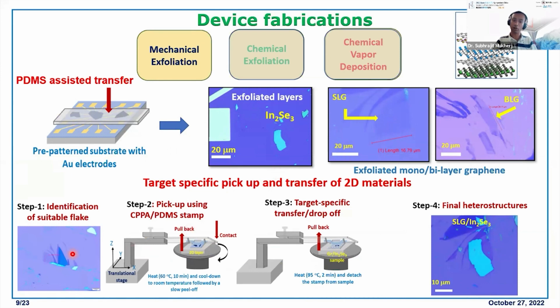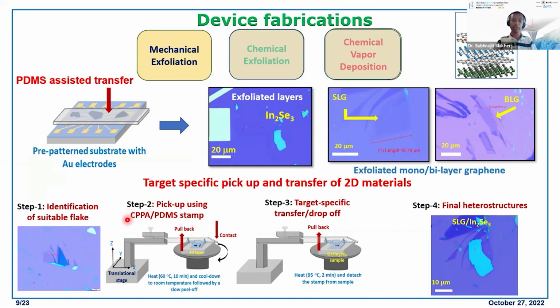For the heterojunctions, first we exfoliate the indium selenide and the graphene layer independently. Then you use a target-specific pickup to pick this 2D layer from the silicon oxide surface, under a microscope, using a PPC PDMS stamp, where PPC is a thermoplastic polymer.